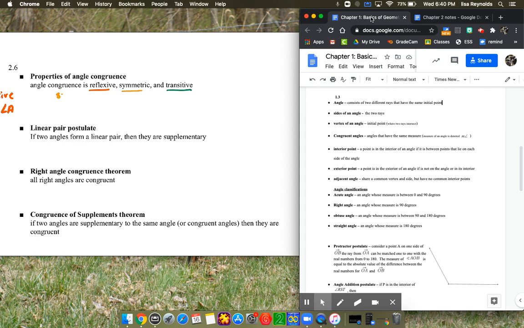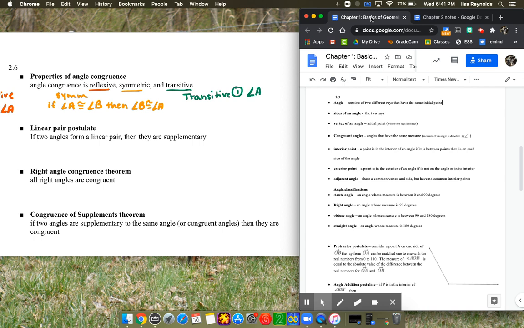The symmetric property is where if we already have an angle congruent statement, then we can turn that congruent statement around. So we can switch it around. And our transitive property is probably the most challenging one because we would have to have two sets of congruent statements.